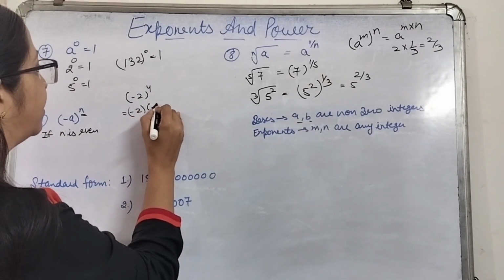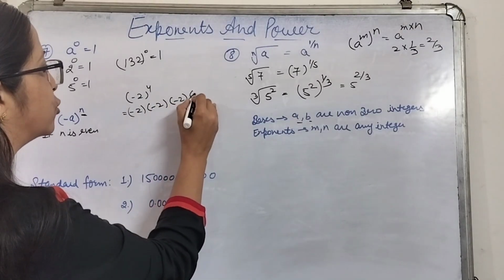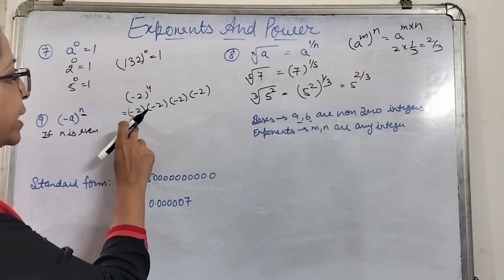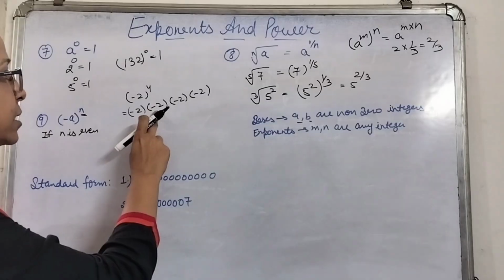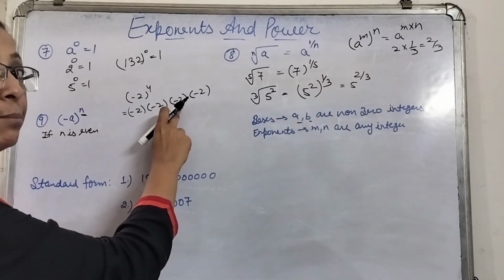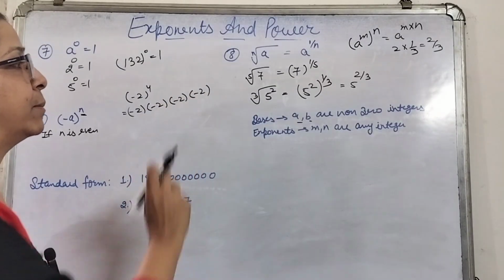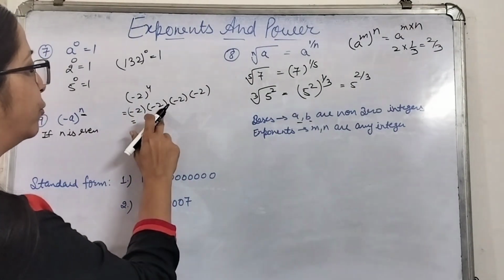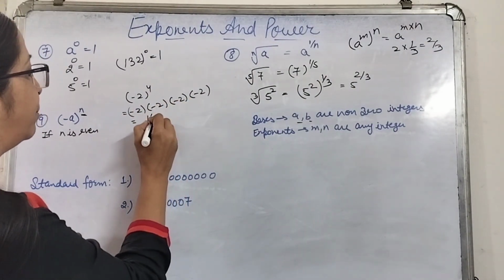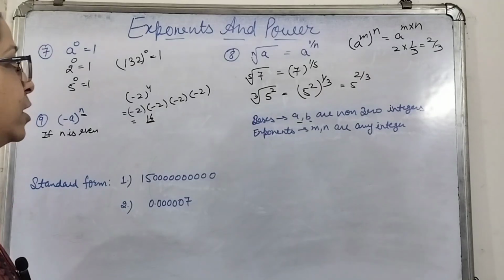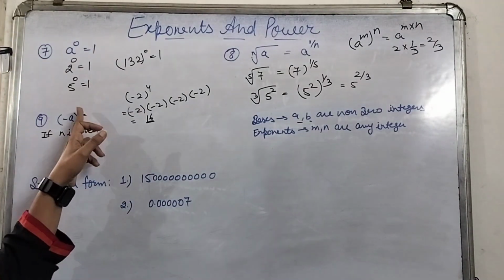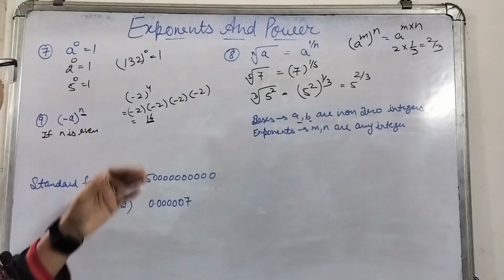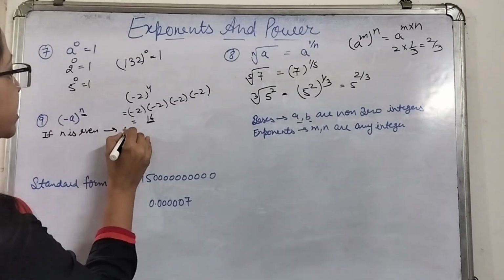So minus 2 multiplied by minus 2 multiplied by minus 2 multiplied by minus 2. Minus multiplied by minus becomes plus. Plus multiplied by minus becomes minus, and again minus multiplied by minus becomes plus. So the final answer will be 2 into 2 is 4, 4 into 2 is 8, 8 into 2 is 16, plus 16 will be the answer. So if your exponent is an even number, then your final answer will be positive.